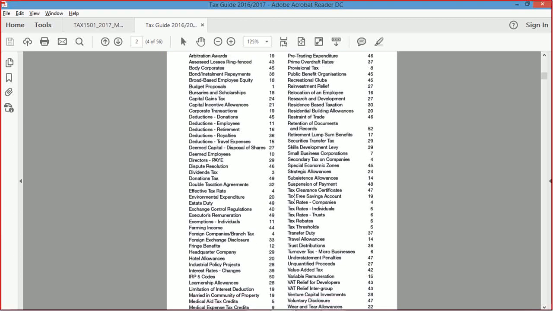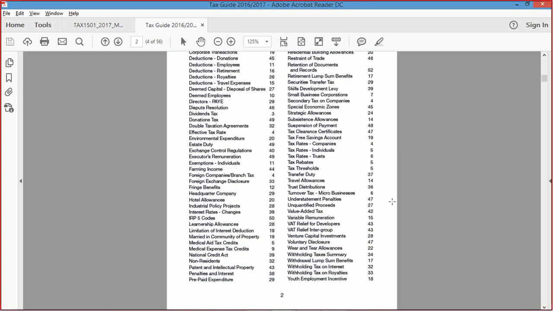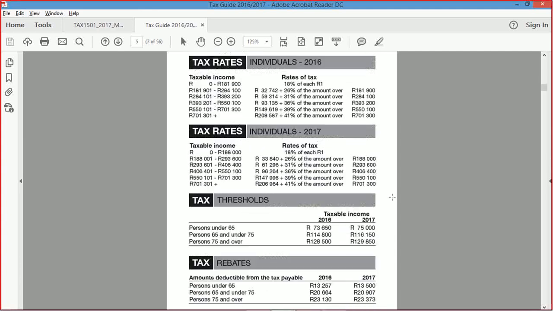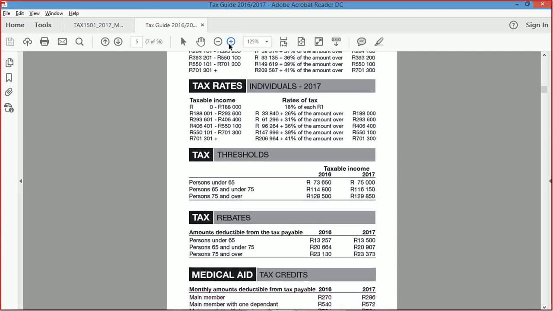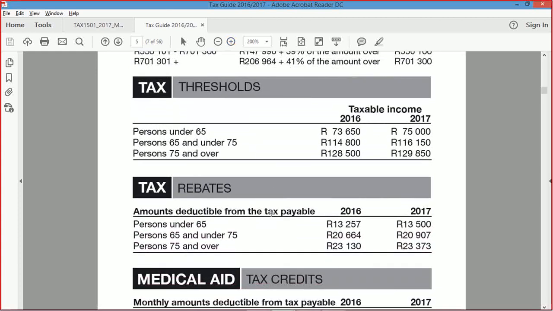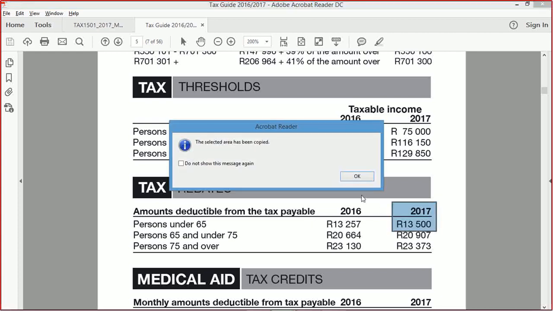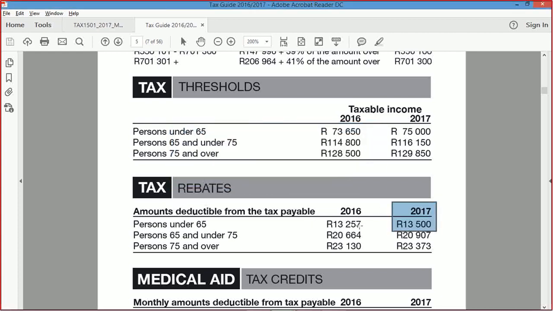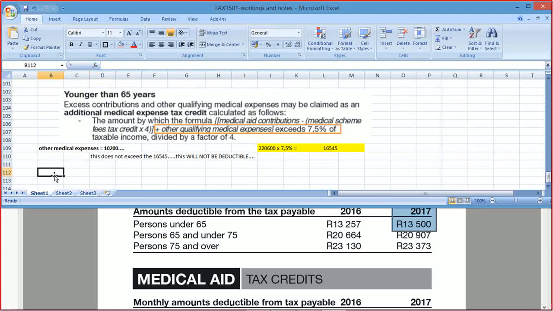Primary rebate. The tax rebates, page 5. There we go. Alright, so if she's under the age of 65, she's going to get a rebate of 13,500. You see that? Yeah. Okay, so this rebate is going to be claimed against her tax.